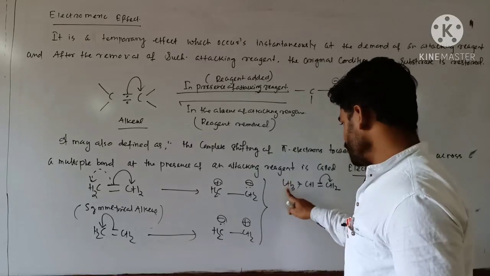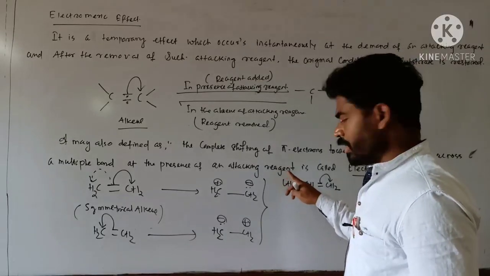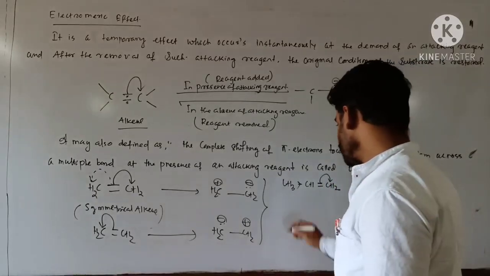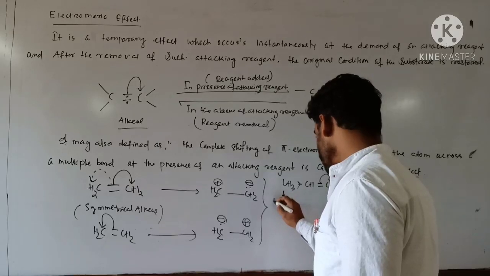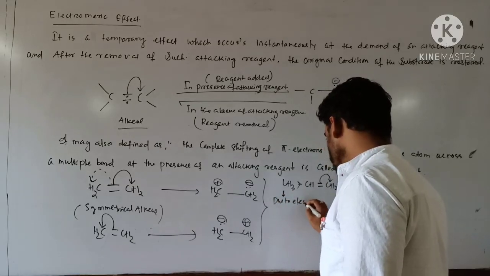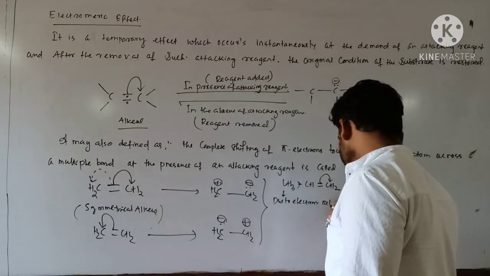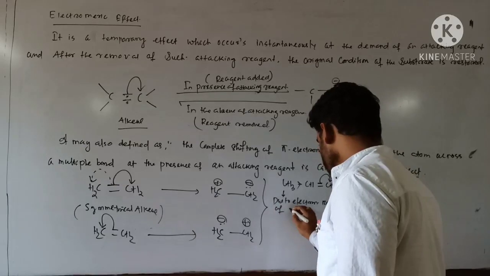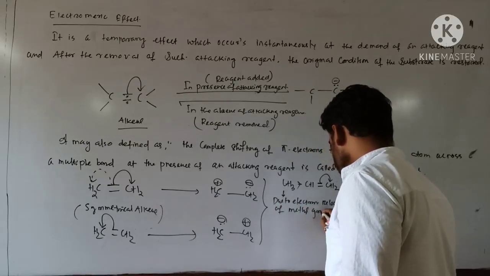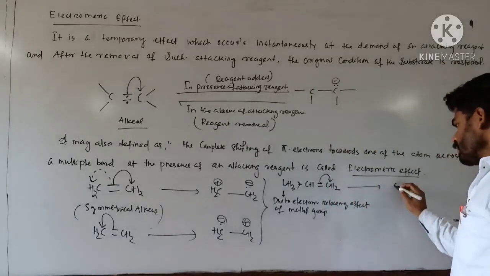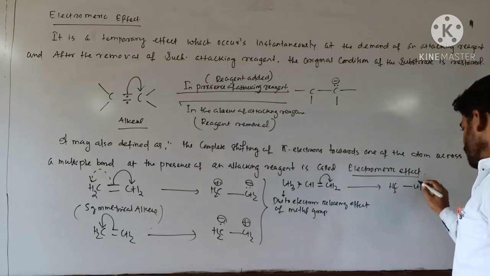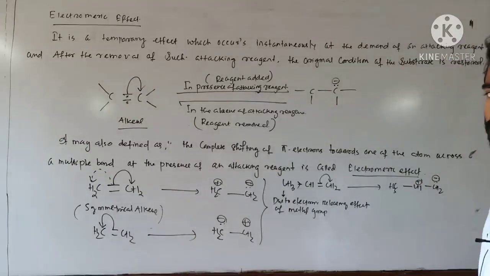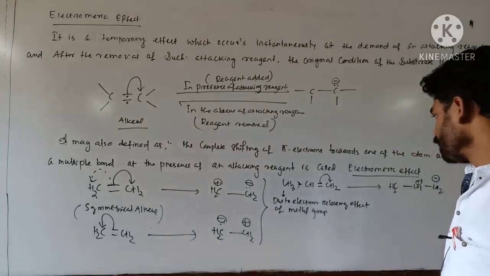This factor is the driving force for shifting the electron pair towards this carbon atom, due to the electron releasing effect of the methyl group. So we get CH3 single bond CH plus over here and CH2 with a negative charge. This is the most probable electromeric effect.